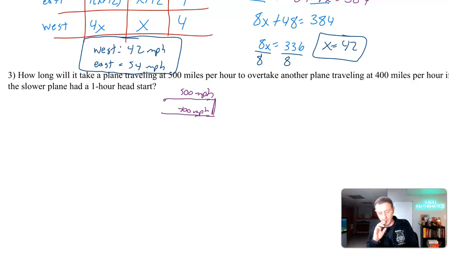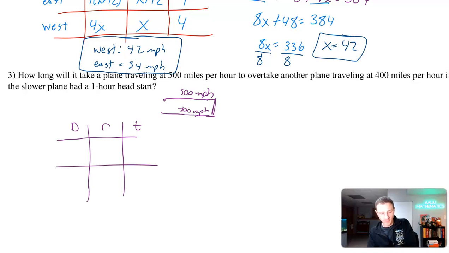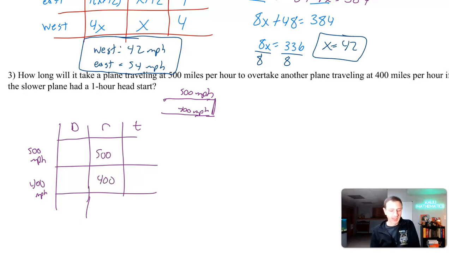And the slower plane had a 1 hour head start. So let's do the same thing and set up a table. It's not going to hurt anything if we start off with a table here. We have the plane going at 500 miles per hour and the plane going at 400 miles per hour. The rates are 500 and 400. Now the time component.